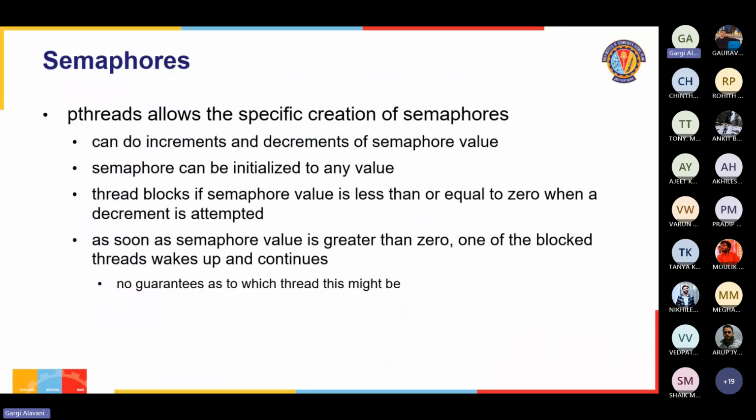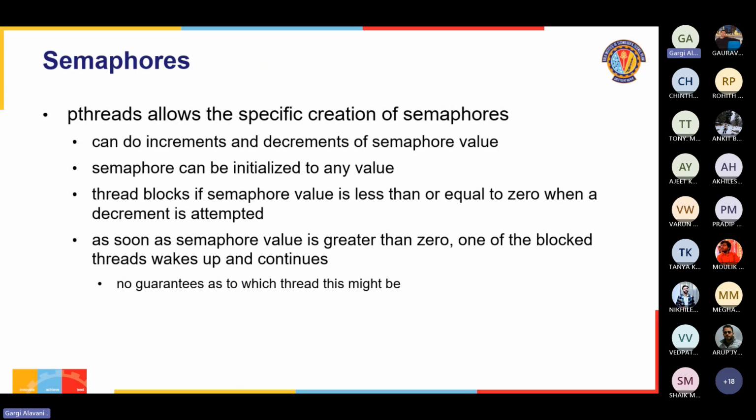Okay. Yes. Moving on. The next type of synchronization technique that we use with pthreads is semaphores. With semaphores, we can have some specific conditions, some variable which can be incremented or decremented, and that will increment or decrement the semaphore's value.